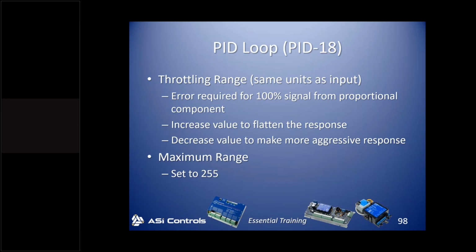And if the PID loop's kind of sluggish and the analog output changes are not large enough, then you can decrease the value and it will become more aggressive. Usually when I'm increasing, I just double it. If I'm decreasing, I cut it in half. And at some point, you see it switch from being too aggressive to too sluggish, or too sluggish to too aggressive.